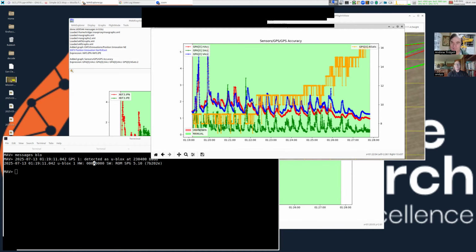So because the GPS itself is an estimator, it actually has a little physics model built into the GPS. And one of the problems is that the u-blox physics model is limited to 4 Gs of acceleration. Now, some of the pilots will be doing more than 4G maneuvers.